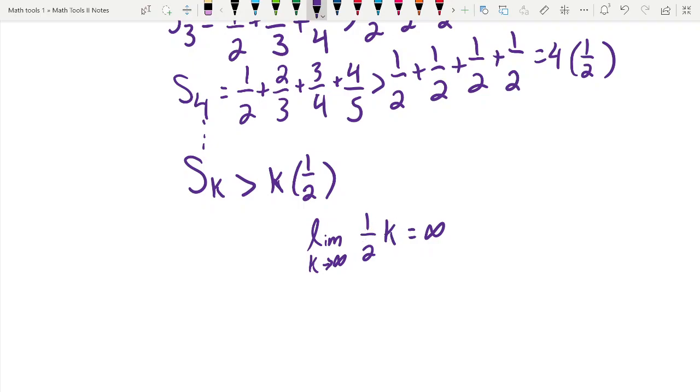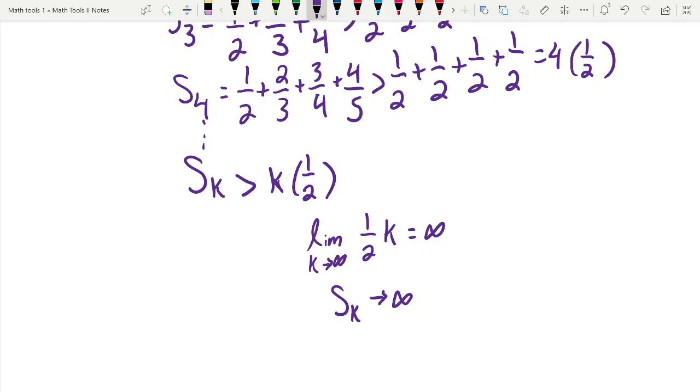So if k times 1/2 is going to infinity and Sk is greater than it, then Sk is also going to infinity, right? So from this, we can definitively say that Sk is also going to infinity, because Sk is always greater than k times 1/2, and k times 1/2 is going to infinity.